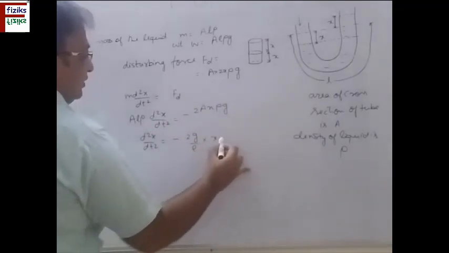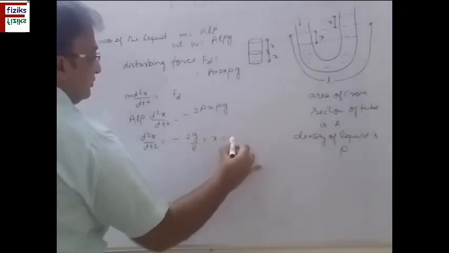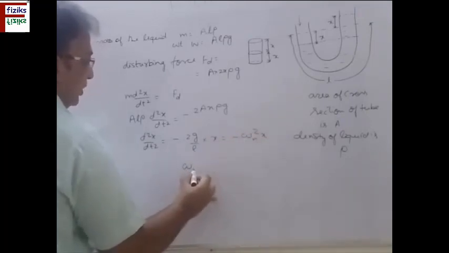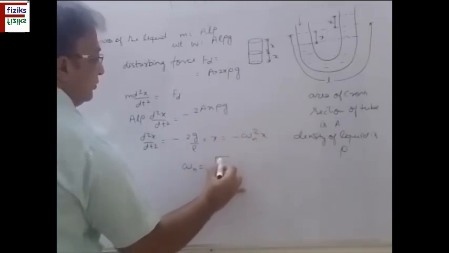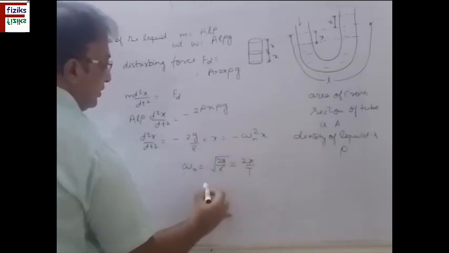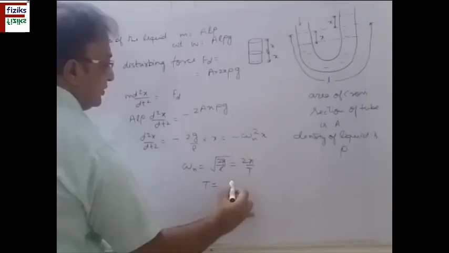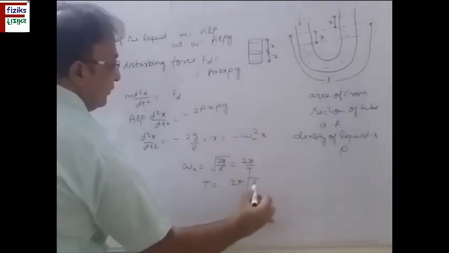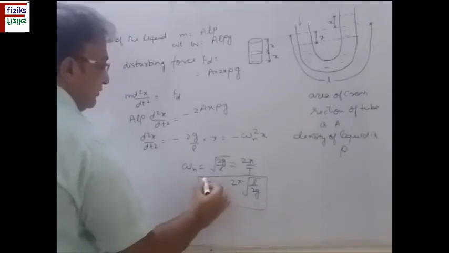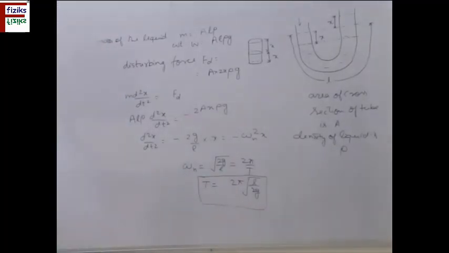Comparing with the standard equation, this is minus omega n square into x. So omega n is under root of 2g by L, which is 2 pi by T. The time period of oscillation is 2 pi under root of L by 2g. This is the answer. So note it down.